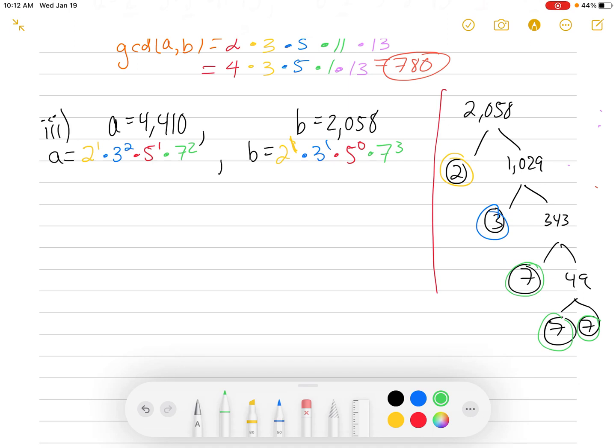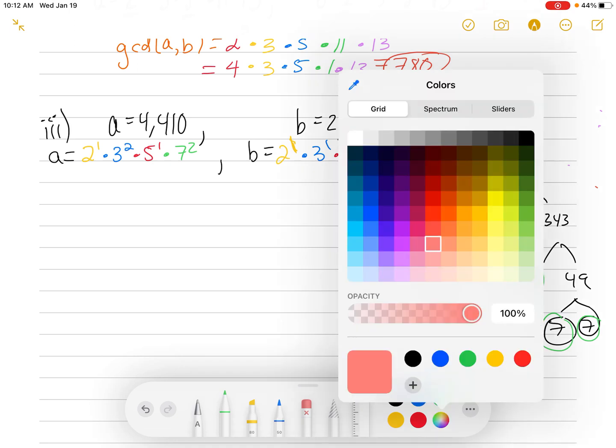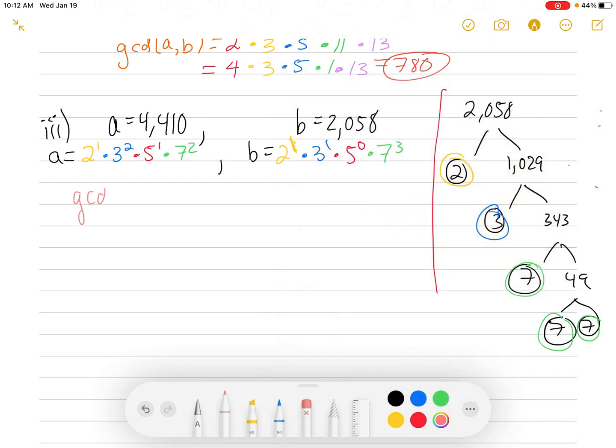All right, so when I find the GCD here, what color am I going to use? GCD, I'll do an orange again. GCD of A and B, it's going to involve a 2, right? They both have a 2 in common. The smallest among those is 1. They both have a 1. Then a 3. The smallest power here is 1 times 5 to the 0 power, right? 0 is the smaller power.